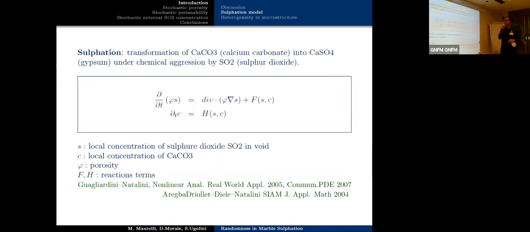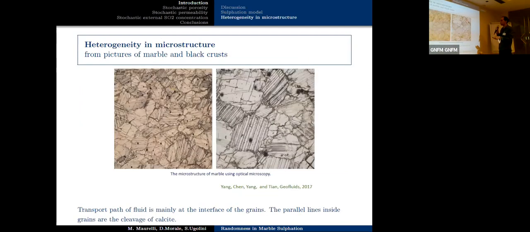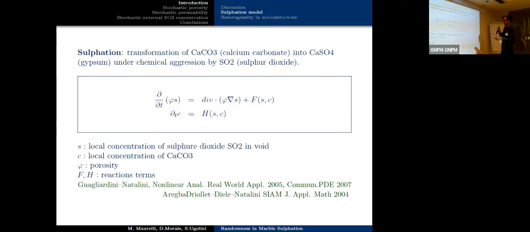Okay, so let's start with the sulphation process. I was lucky because Roberto Natalini already explained this model in the first lecture. This is the transformation of calcium carbonate into gypsum under the chemical aggression of sulfur dioxide. You may not care much about it. Even if you don't like equations much, don't worry.